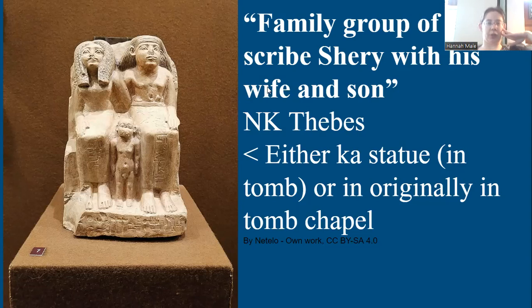And according to the more information tab on this piece, it was probably originally in Thebes, within one of those Theban necropolises. So it gives the husband's name, Sher Re, and the fact that he's a scribe, and then it depicts his wife. Her name is probably somewhere in these hieroglyphs, and then their son. And if you look here, you can just make out that offering formula, or at least part of it, that we've seen before.